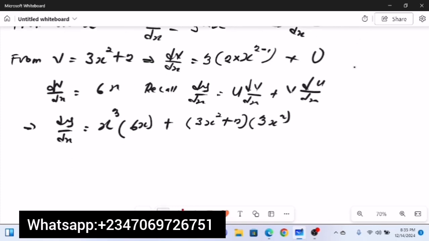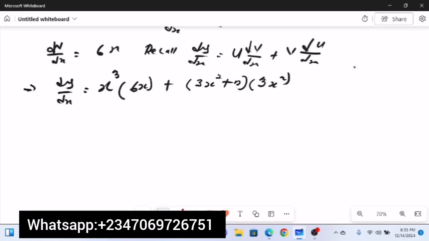Alright, so let's try to expand this and see. This means that dy over dx is equal to, if we expand this bracket, 6x multiplied by x to the power of 3 gives us 6x to the power of 4, plus, now let's expand this other bracket, 3x squared multiplies 3x squared, that simply gives us 9x to the power of 4, plus similarly 3x squared multiplied by 2, that simply gives us 6x squared, right?